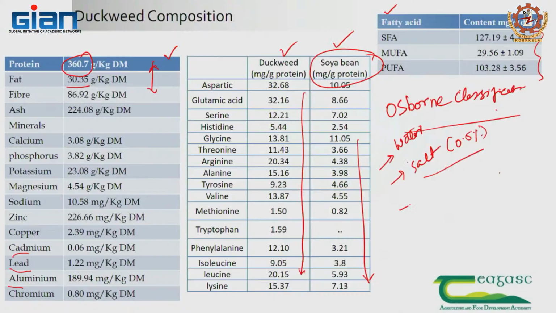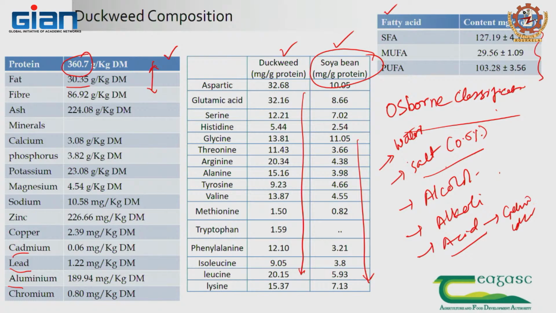Second, third, alcohol soluble protein. Have you heard of it? Fourth, alkali soluble protein. Fifth, acid soluble protein. Now, in fish, acid soluble protein is your gelatin or collagen. Majority of the protein is alkali soluble.